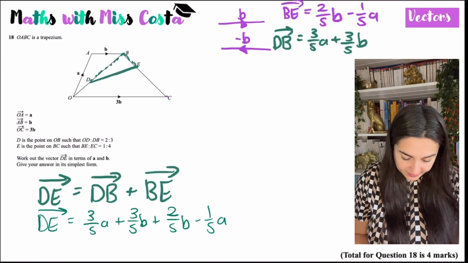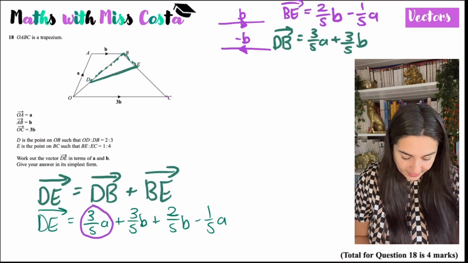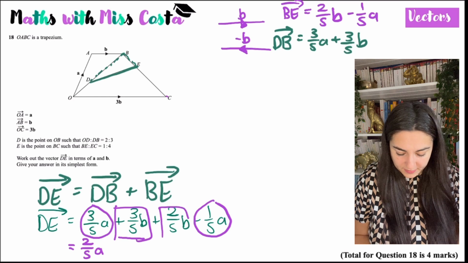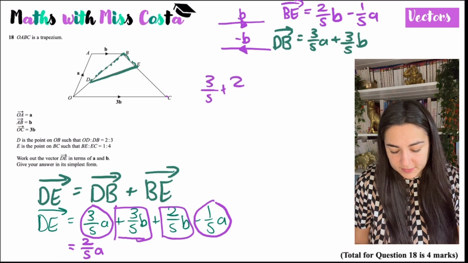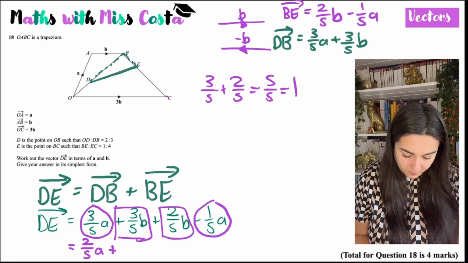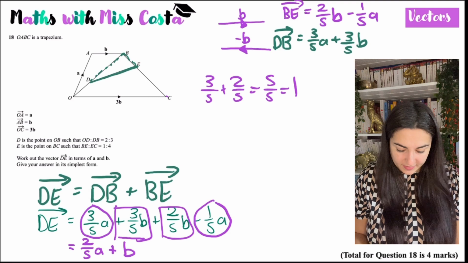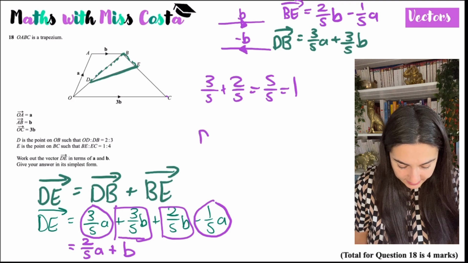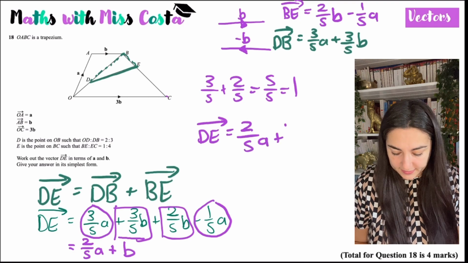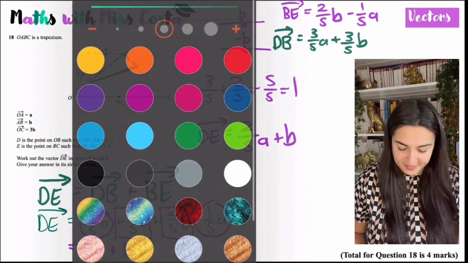So let's simplify this. 3/5 A take 1/5 A is going to be 2/5 A, and 3/5 B plus 2/5 B. Well, 3/5 plus 2/5 is just 5/5, which is 1. So that's just going to be B. And that's your final answer. So DE in its simplest form is 2/5 A plus B. Let's just highlight that.